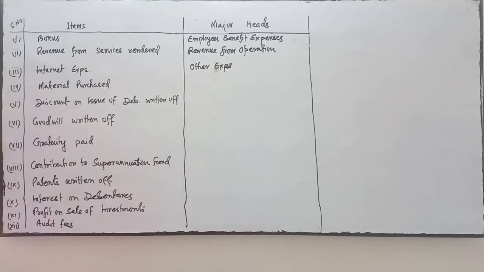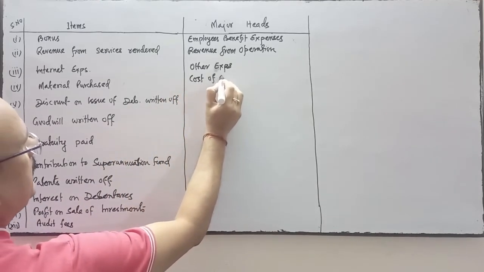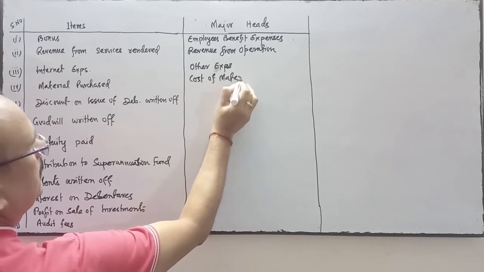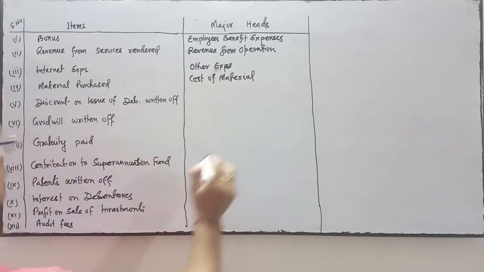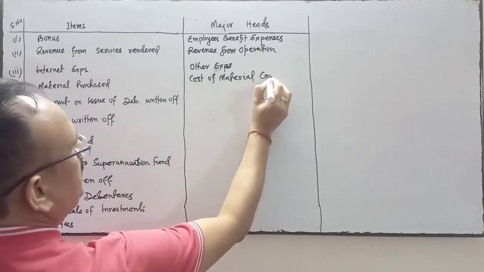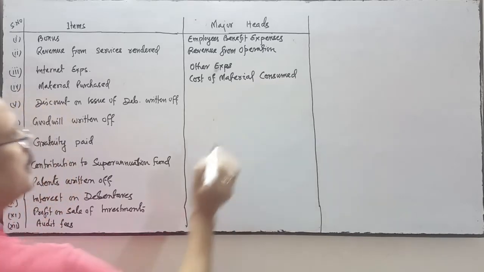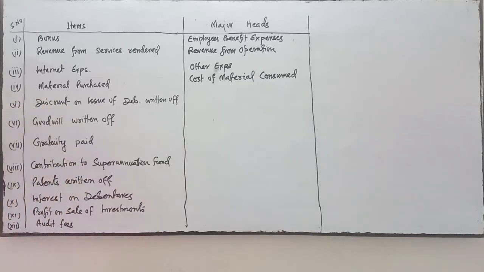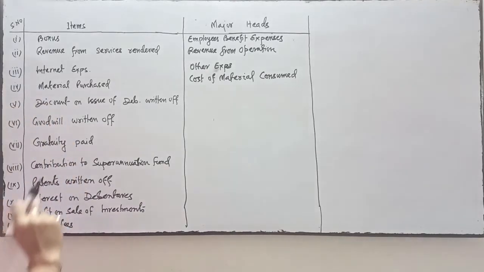Next is material purchased. Material purchase comes under cost of materials consumed. Opening stock of material plus purchase of material less closing stock of raw material.